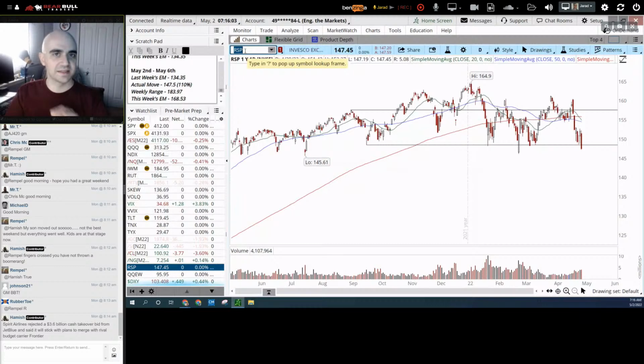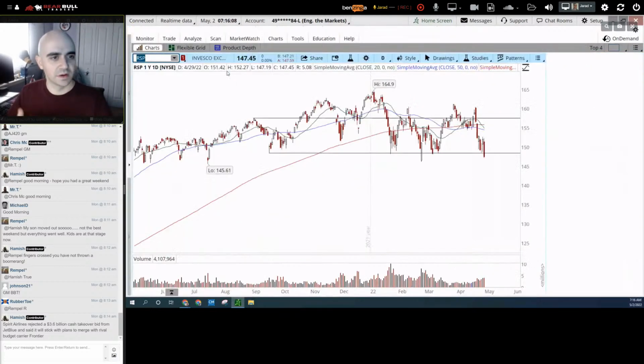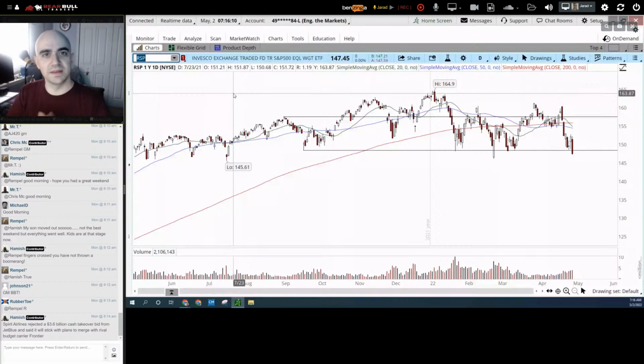And you can kind of see that as an aggregate in something like RSP. If you recall, this is an equal weighted ETF for the S&P. And what it does is it smooths out the 500 companies and puts them all at about a 0.2% market cap weight for this particular ETF.